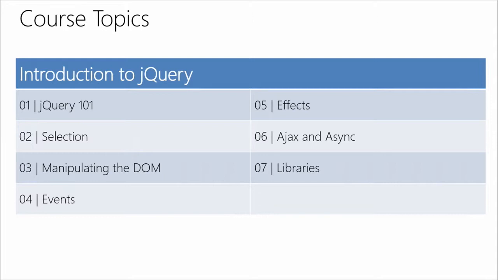And then more advanced topics, events, effects, Ajax, and libraries. So we move from the core parts off into doing things like making sure it's cross-browser, making sure the events work across browsers and all that good stuff. And then Ajax, because everybody loves Ajax. Everybody loves Ajax. Yeah, and if any of these words don't register for you yet, that's fine. We'll explain them when we get there.